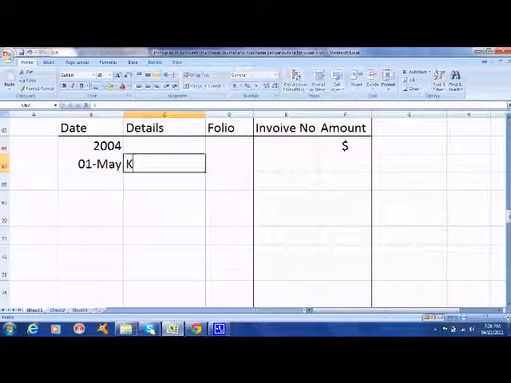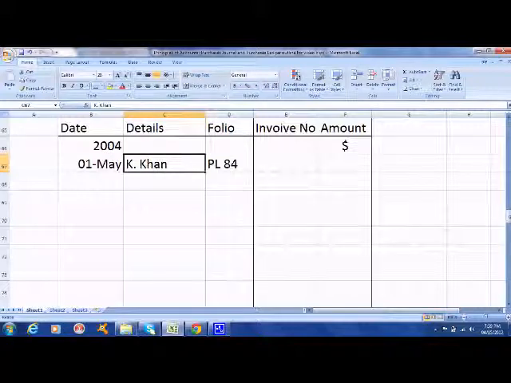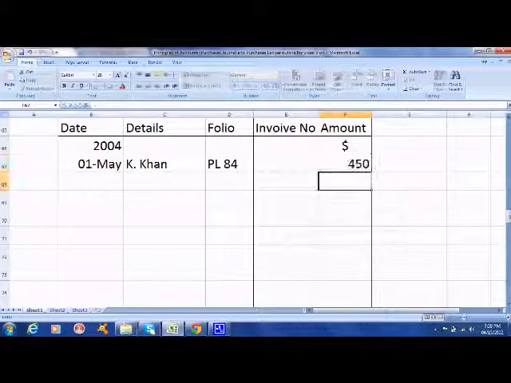And the person is K-Can. Under the folio column now, we would write PL what? PL 84, because K-Can's account will go under page 84 of this purchases ledger. And under the amount column we write 450. That's the first entry.